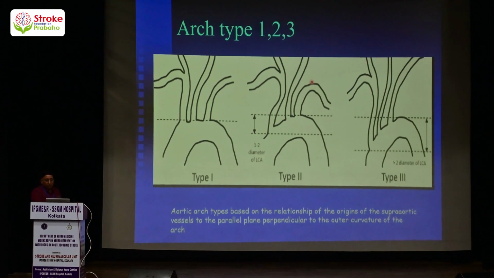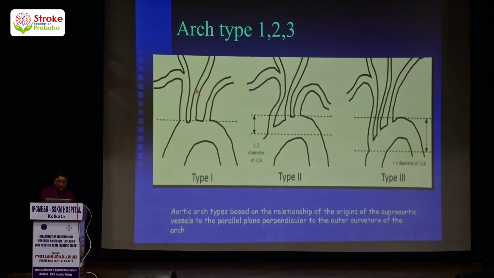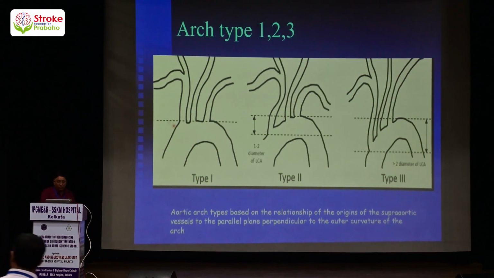Then there are various types of aortic arches. This is called type 1, type 2, and type 3 arches. How do we decide these arches? So this is the superior margin where the supraortic vessels are arising. This is the inferior margin of the aortic arch. So if the brachiocephalic trunk or innominate trunk is arising above this, or all supraortic vessels arising above this upper border, it is called type 1 arch.